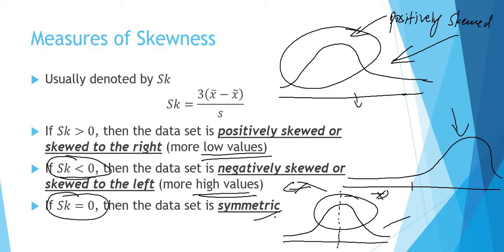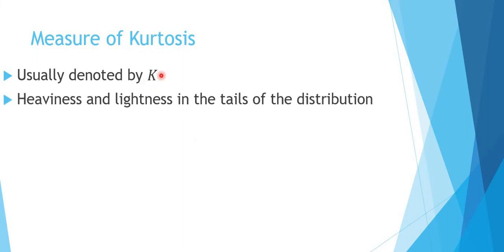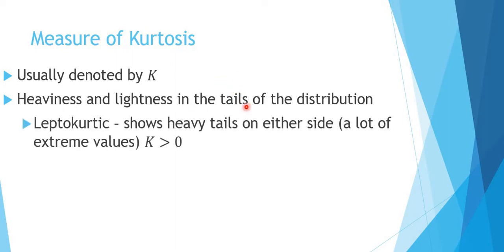So if skewness talks about where most of the data are, kurtosis, denoted by K, talks about the heaviness and lightness in the tails of the distribution, or at the ends of the distribution. And we have different types as well. We have a leptokurtic distribution that shows heavy tails on either side. That means we have a lot of extreme values.